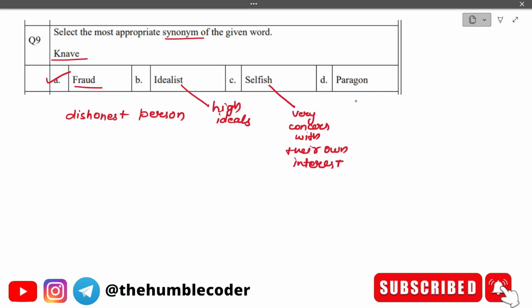Paragon means a model of excellence, basically someone who is a model of excellence. Okay, so for that we use the word "paragon", but in this case the correct answer was fraud, because the meaning of the word "knave" is what? A dishonest person. So the correct answer is option number A, which is fraud. Moving on to the next question now.